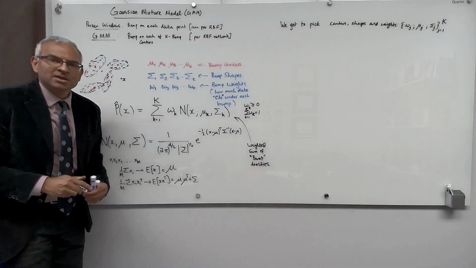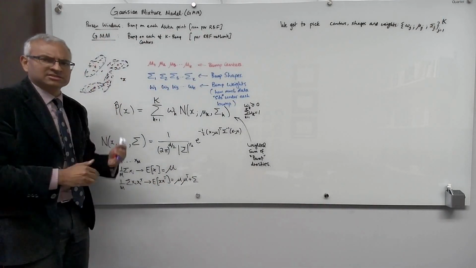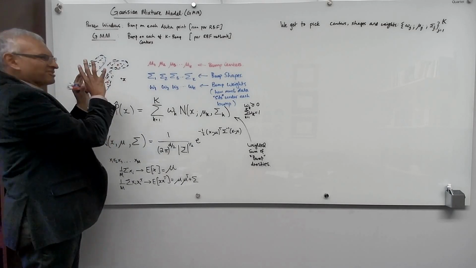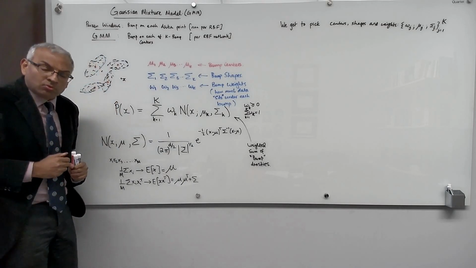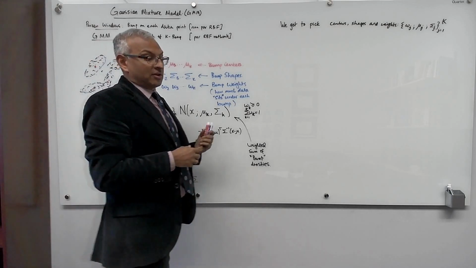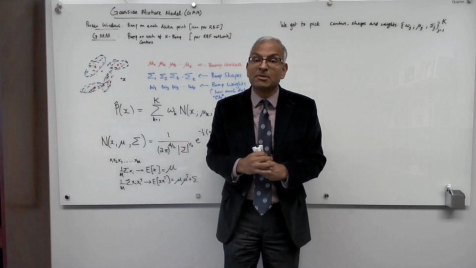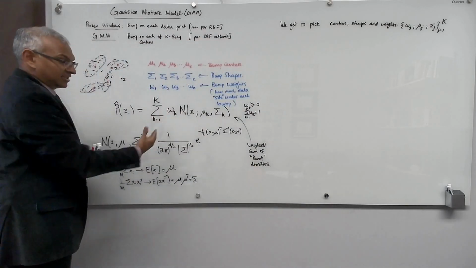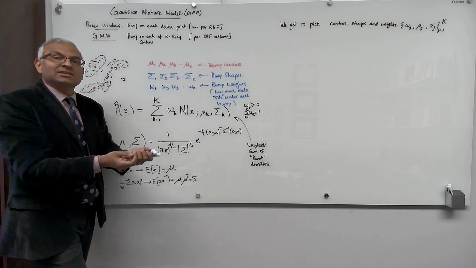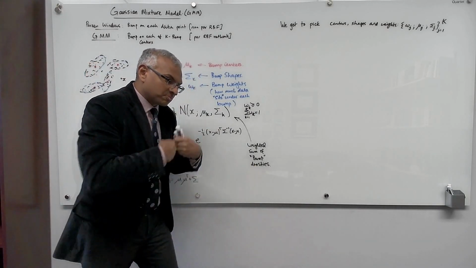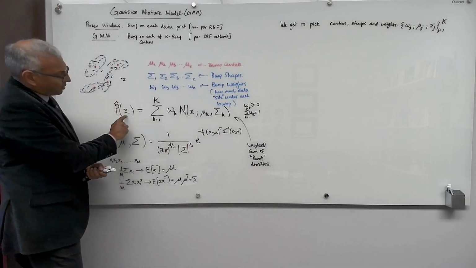So how should we pick them? Well, we should somehow pick these parameters in order to fit the data. Okay, so we saw this before. A very common approach is to use the method of maximum likelihood. Since this is a density, it is explicitly quantifying the probability to generate a data point x.